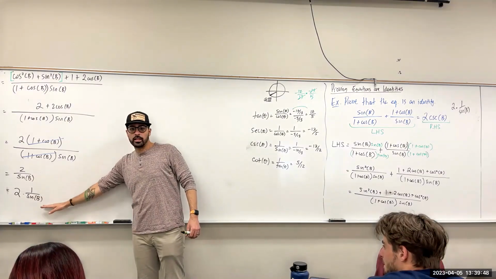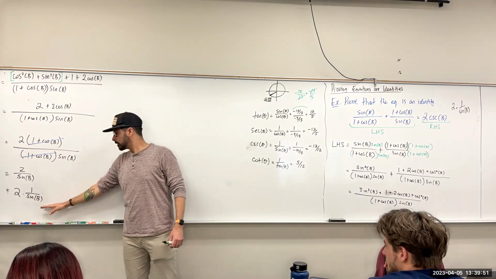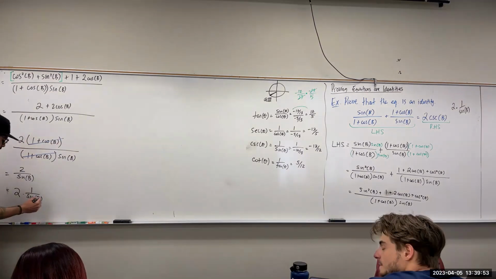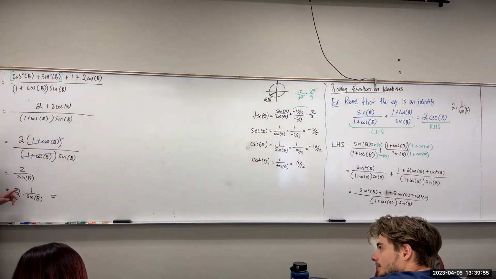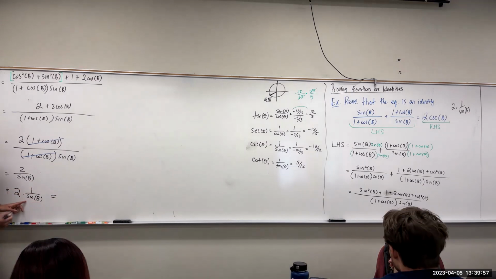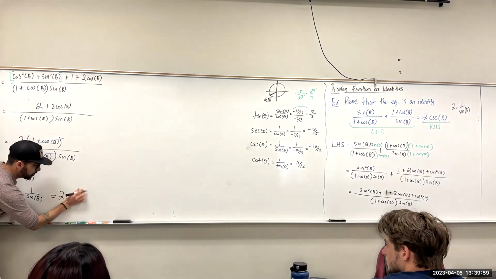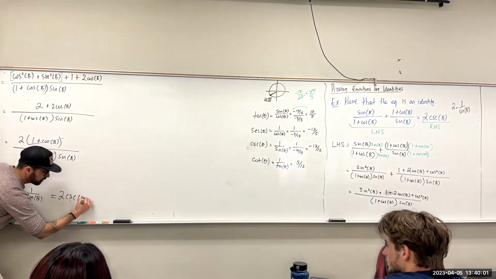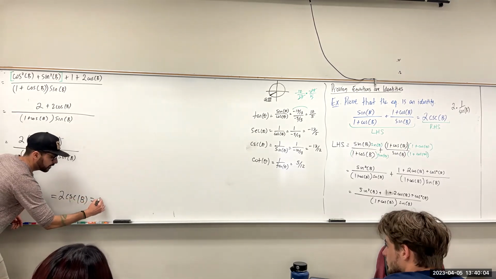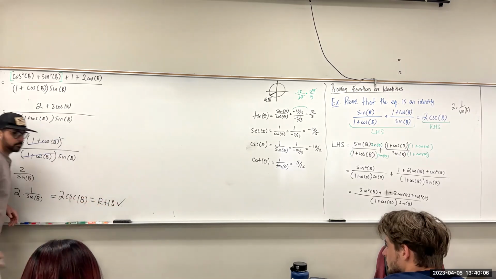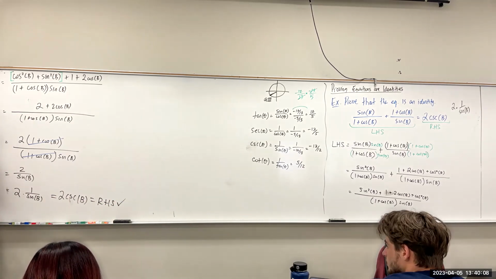So then you just put that in that step. Okay. And so finally, I'm running out of room. You go here now. This is just what? This is cosecant B, which equals the right-hand side that I wanted. So then you're done. Right?